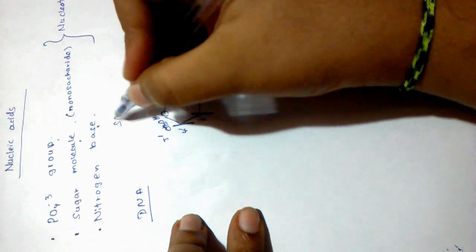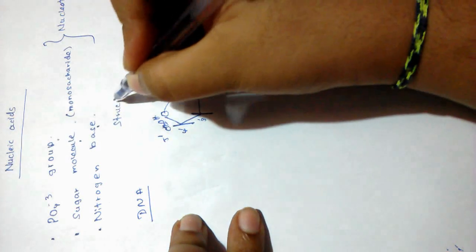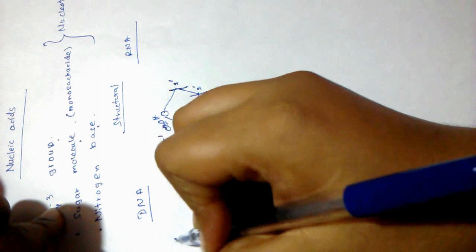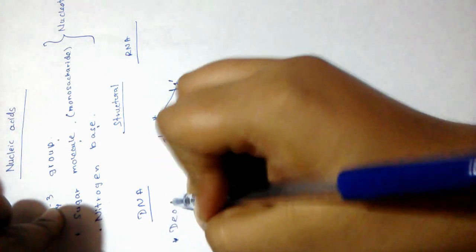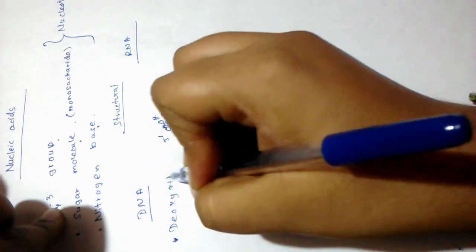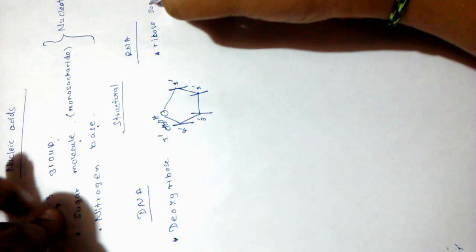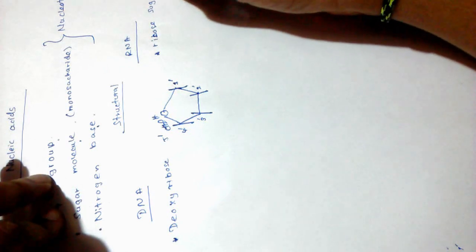The main structural difference is the sugar molecule. DNA has deoxyribose sugar molecule and RNA has ribose sugar molecule.